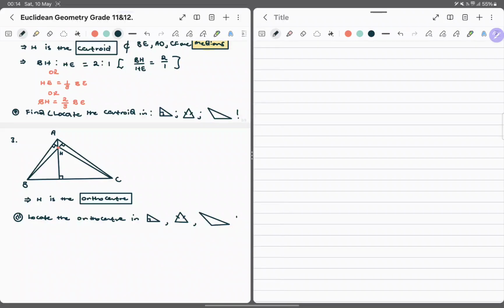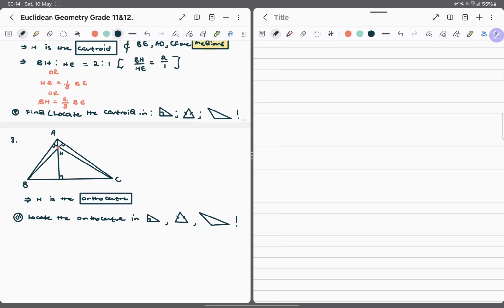Okay, try to find where the orthocenter lies in those different triangles. Please understand, isosceles can be right angled, scalene can be right angled, but I am just challenging you guys to see in a right angled triangle, whether scalene or isosceles, where does the orthocenter lie.